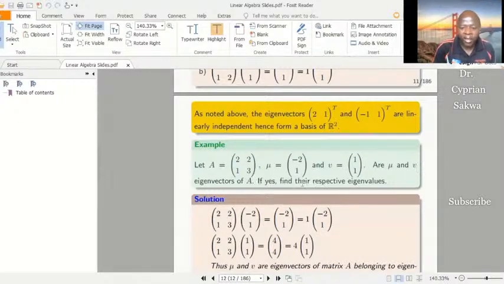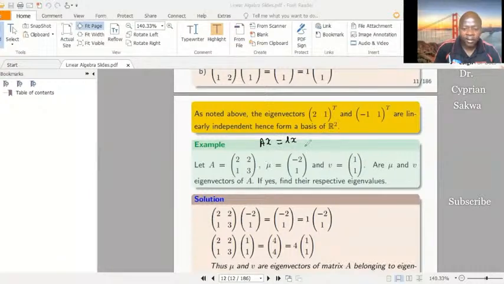If yes, find their respective eigenvalues. Now, to do this, I would use the earlier knowledge that if I have A times the vector, I will get lambda times the vector. The matrix times the eigenvector should give me eigenvalue times the eigenvector.